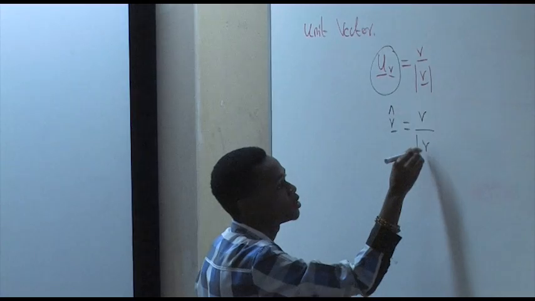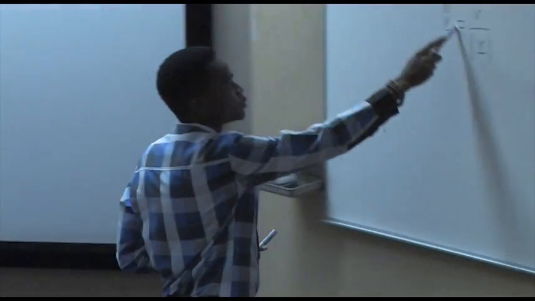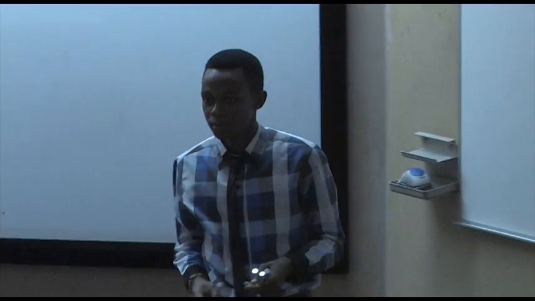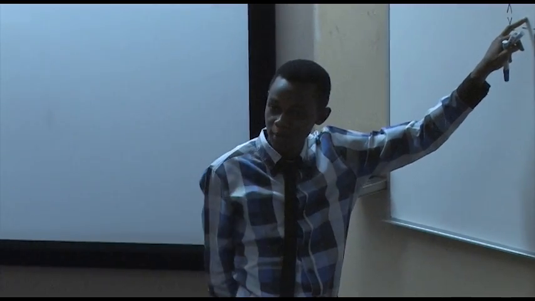Now when we see it in the question paper, it says find the unit vector using this notation. If you're going to write it in this notation, the moment you forget to put the hat, you lose marks.